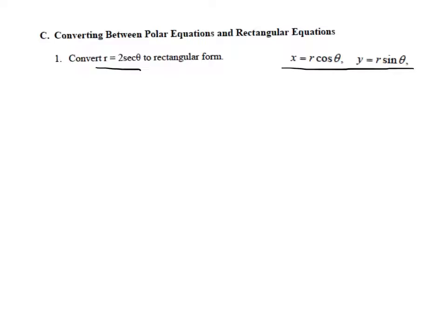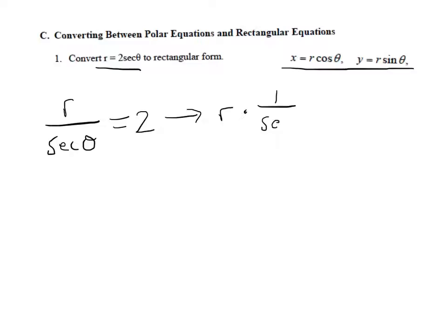So I'm going to divide both sides by secant of theta. And so I would get r divided by secant of theta equals 2. Another way of writing that is r times 1 over secant theta equals 2.